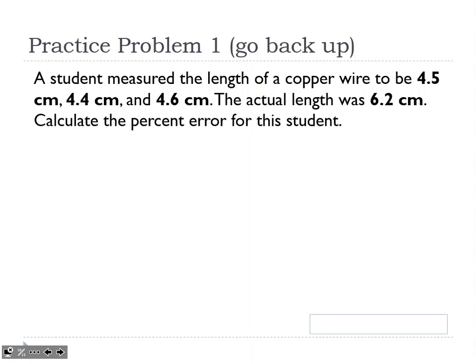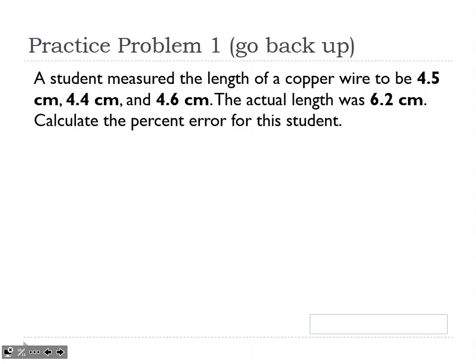Yes, you would add them, but really to do what? We need one data point to represent the whole set, so yes, we would want to do an average, exactly right. So for that one, you have to average the data set first, so that you're only putting in one number for the experimental value.